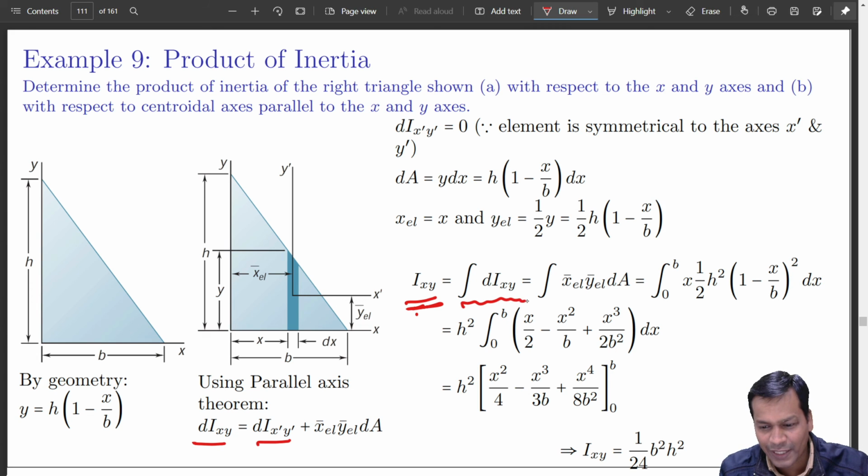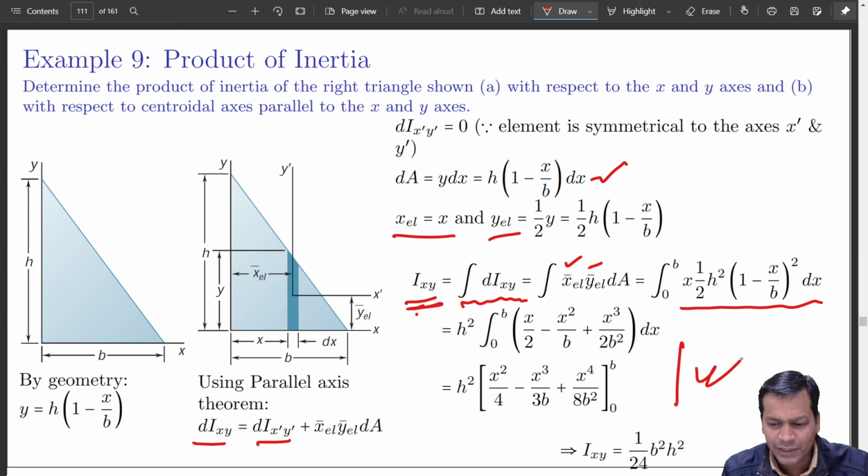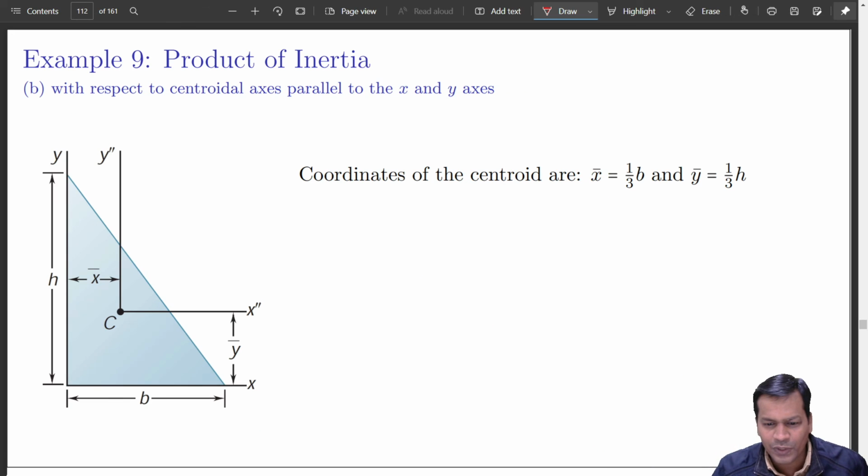So it is exactly equal to this. If I substitute, this goes here, and dA is already known, just substitute this. Then do the standard integration and you will get this, which directly gives Ixy equal to 1 by 24 b square h square. This is the first result only.